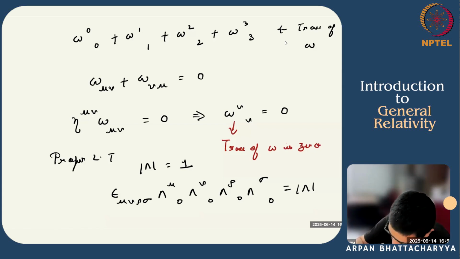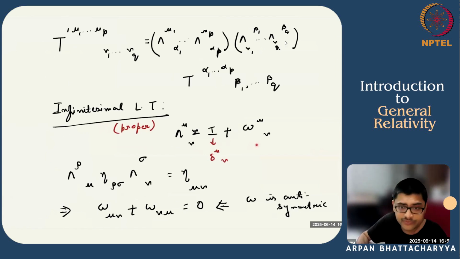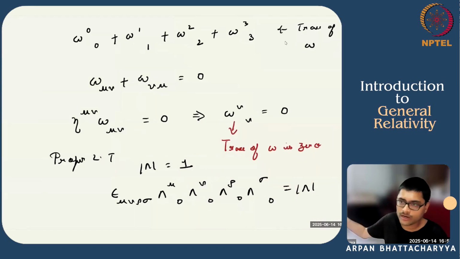But then we can use the fact that for proper Lorentz transformation this is 1, and we can replace each of these lambdas by this expansion. And again, we can throw away all the terms which are omega squared order.